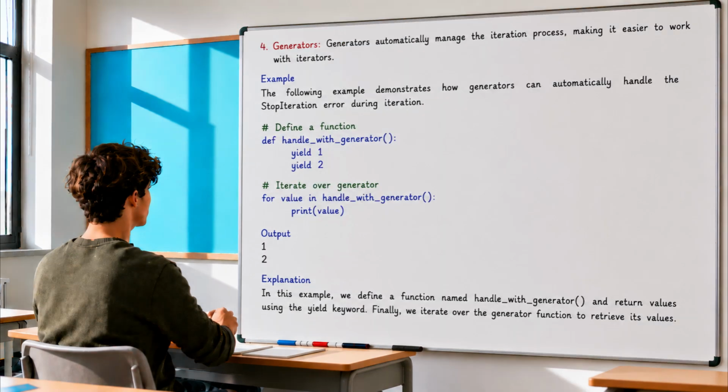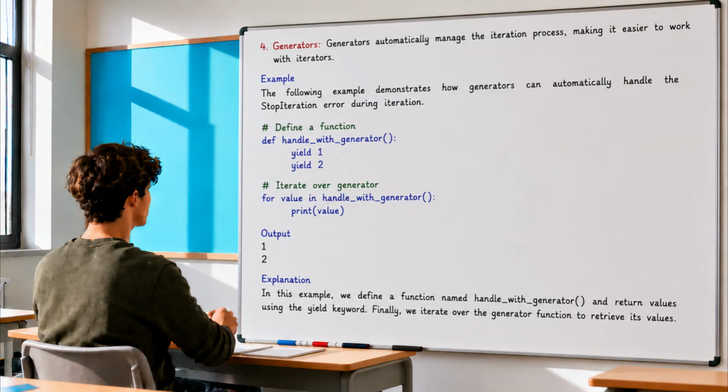4. Generators. Generators automatically manage the iteration process, making it easier to work with iterators. Example. The following example demonstrates how generators can automatically handle the stop iteration error during iteration. # define a function. def handle_with_generator(): yield 1, yield 2. # iterate over generator. for value in handle_with_generator(): print(value).